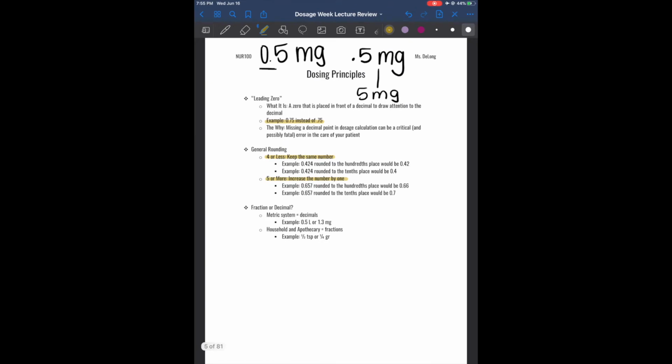And also going back to the leading zeros, you need to always make sure that you have a leading zero.